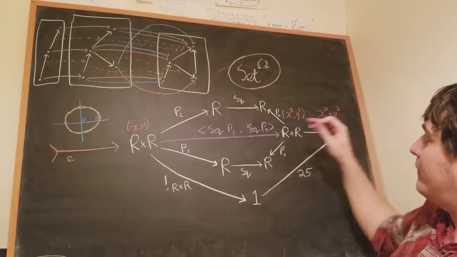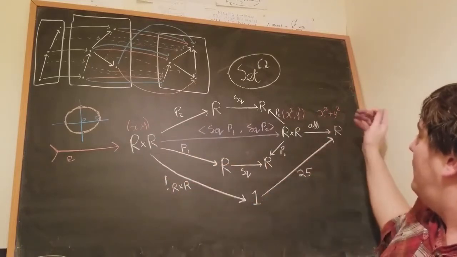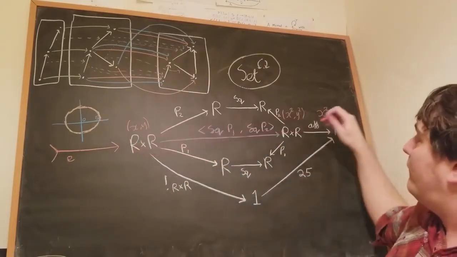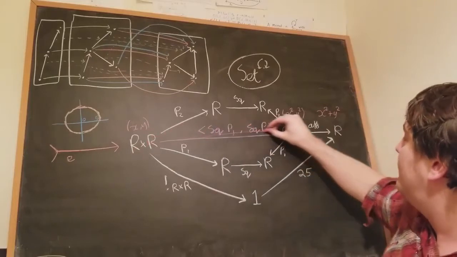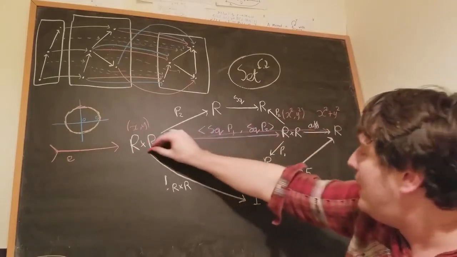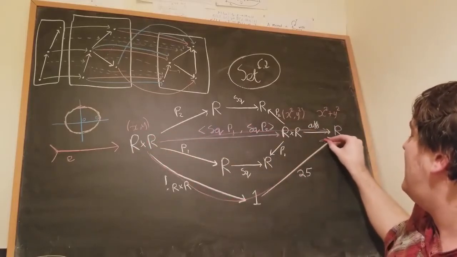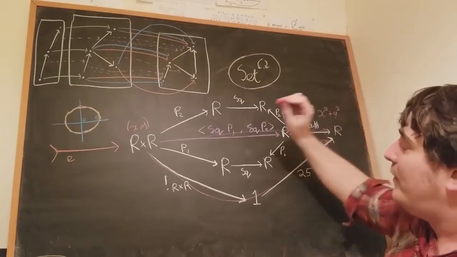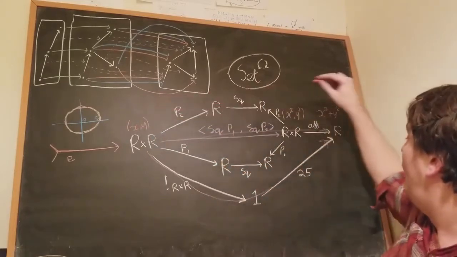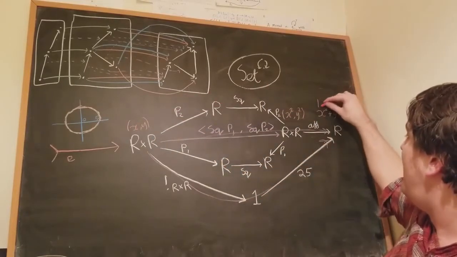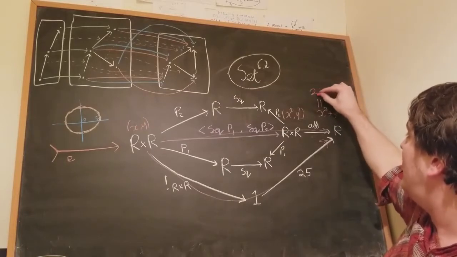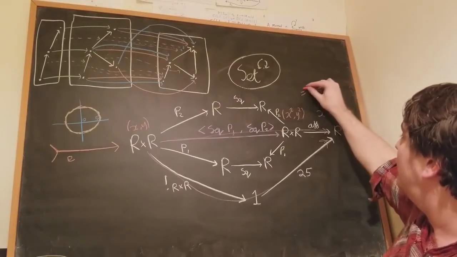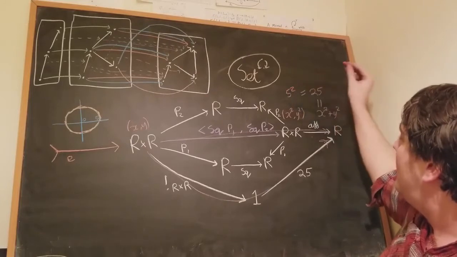And so then the equalizer of this function here and this function here is going to be the set of pairs x, y, such that x squared plus y squared is 25, which is of course 5 squared.